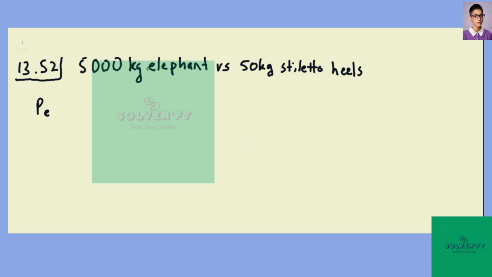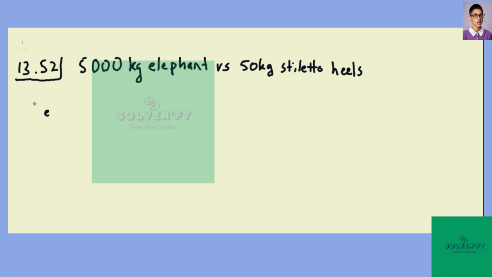You could take a stiletto heel and measure its contact area, and then you could look up what the diameter of an elephant's leg is and so forth. But depending on what we get in terms of the areas, if it's clearly much less than what the size of an elephant leg would be compared to a high heel, then we can tell that the elephant exerts less pressure and so on.